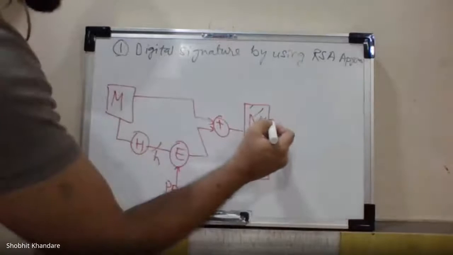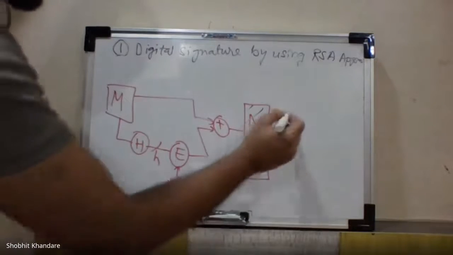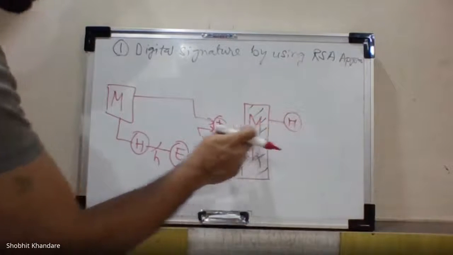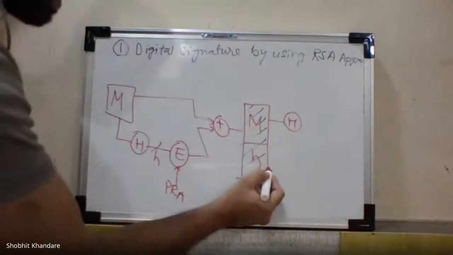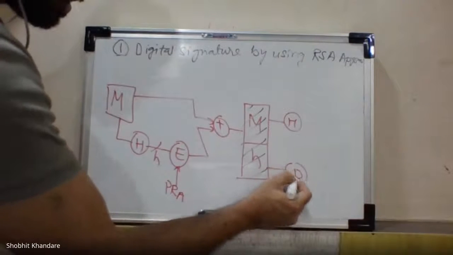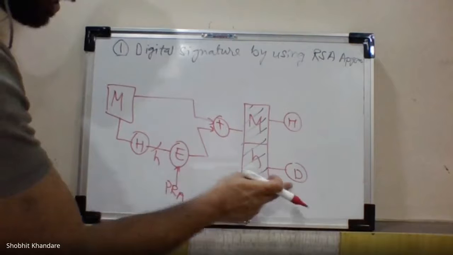Then use this hash function over the message, and you decrypt this encoded hash code.